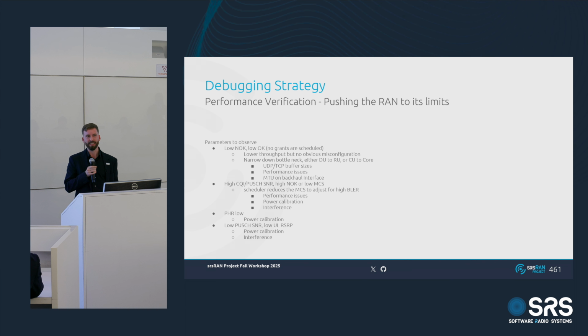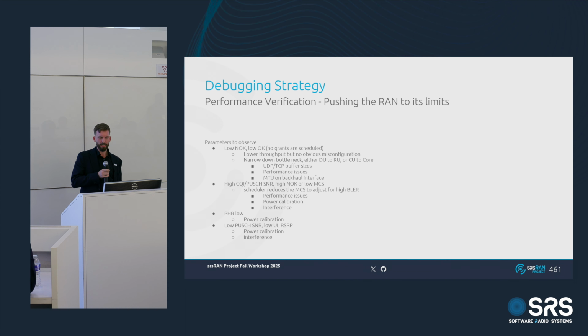As I said before, they need to be adjusted if you use high bandwidth deployments like 100 megahertz. It could be performance issues. So have a look at the log file, for example, if you see any issues that we've already discussed in the earlier steps. And make sure that the backhaul interface is also working properly, for example, that the MTU is set up correctly.